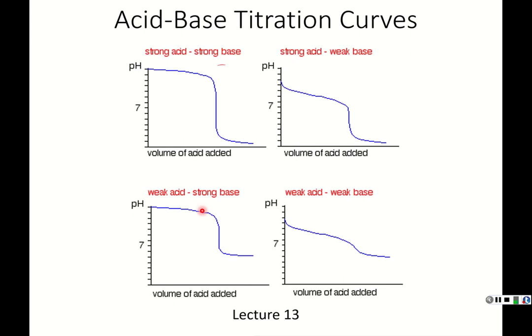If you just wanted an overview of how the titration curves would look, this is a pretty decent overview. Could be a possible exam question, right? Give you a picture of a titration curve, and then you have to match what kind of a titration it is.